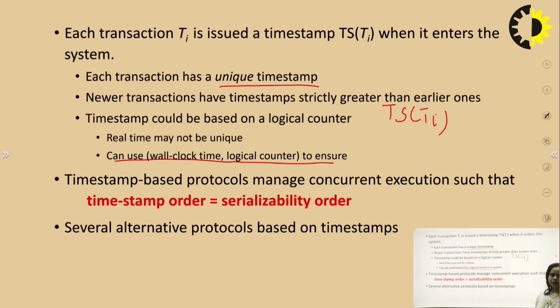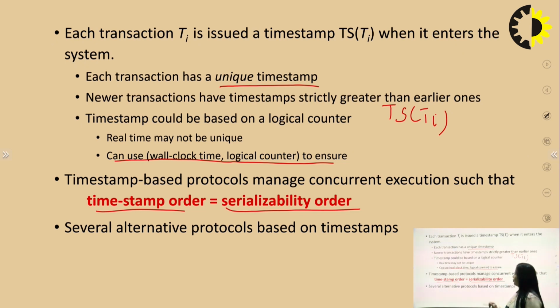Next, the timestamp based protocol manages concurrent transactions. What does it mean? It means our serializability order depends upon the timestamp order of the transactions. Suppose we have two transactions T1 and T2. If T1 has a lesser timestamp than T2, then T1 will be executed first and after that T2 will be executed.